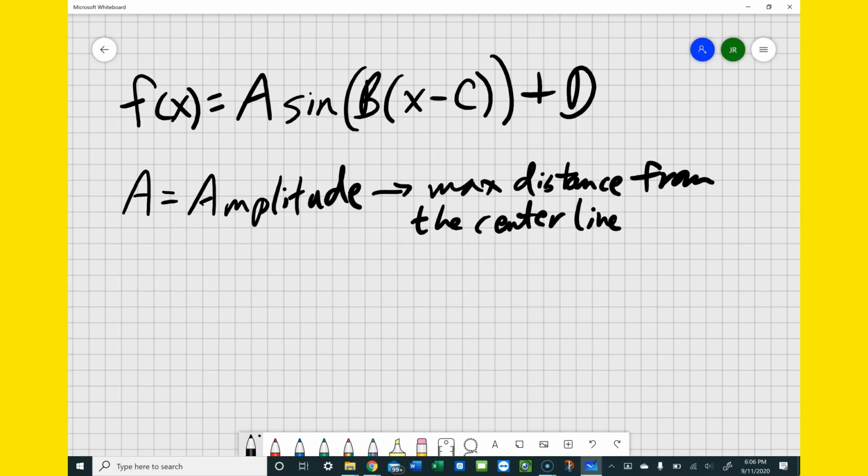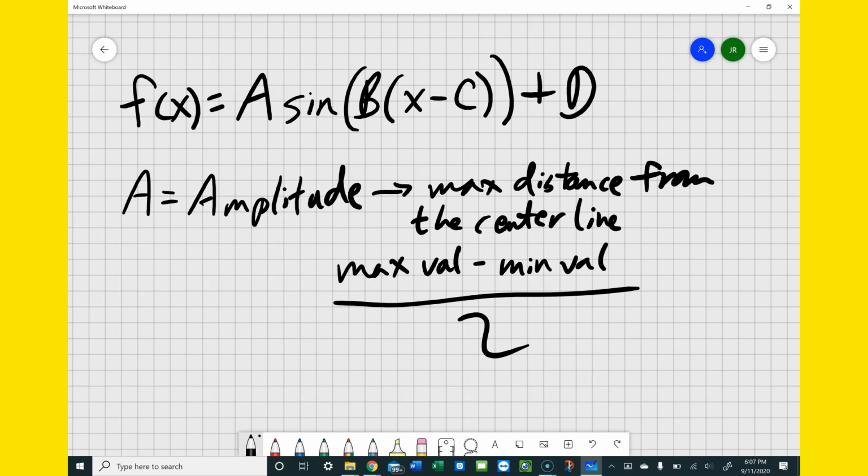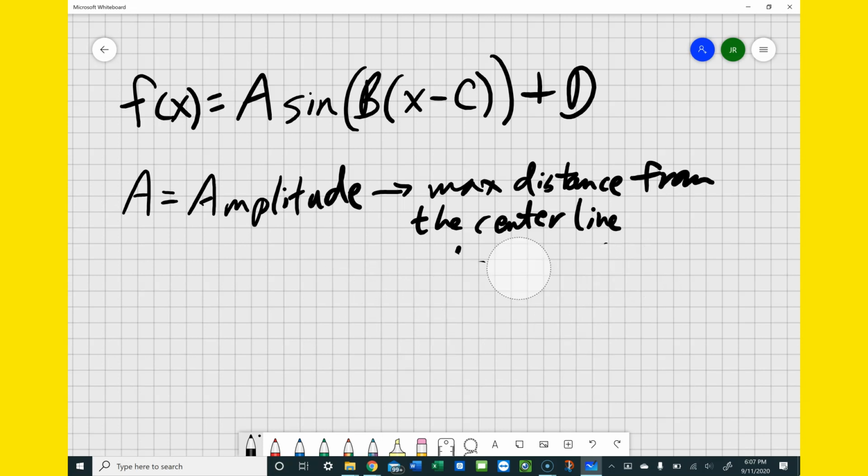Another way to define it would be to say that it's the maximum value minus the minimum value, divided by 2. That's the same thing as the distance that the highest point is from the center line, or the distance that the lowest point is from the center line. So that's saying the same thing, just in a little different way. Whichever way you want to think about it is fine.